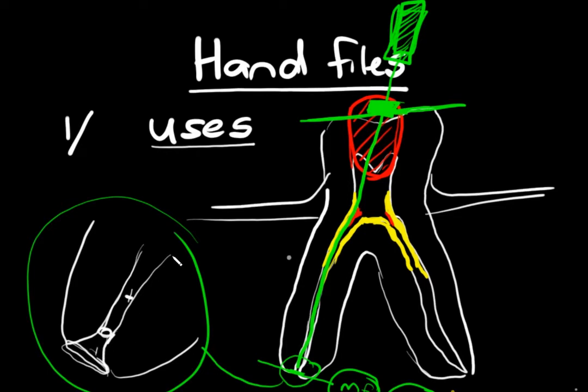So your working length should extend to the minor foramen, which is this minor foramen, or minor constriction, whichever you like to call it. And so when you take a file, the size 15 file should be either at your minor foramen, or some people like it just a little bit short. So I'm just going to draw the file just a little bit short.